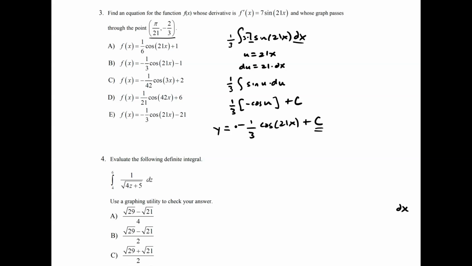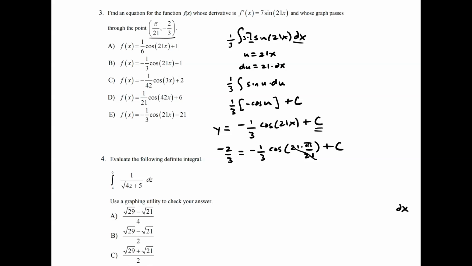So we're going to plug in our point, pi over 21 for x, negative 2/3 for y. So this becomes negative 2/3 is equal to negative 1/3 cosine of 21 times pi over 21 plus c. So you're doing the cosine of pi because the 21's cancel. The cosine of pi is negative 1, because cosine of an angle is the x-coordinate.